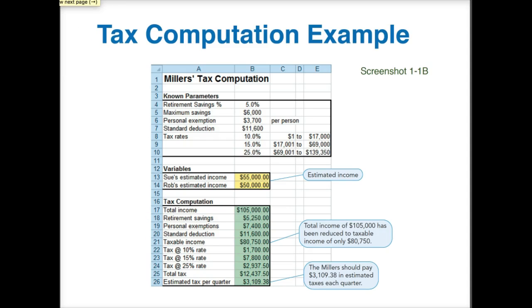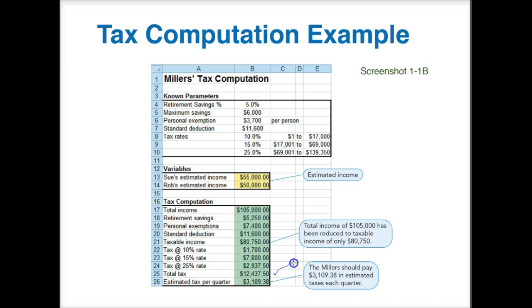All right, so now if we use our Microsoft Excel to put in the variables, in this case 55,000 and 50,000 for both Sue and Rob respectively for their incomes, then we see that everything is calculated here, okay?